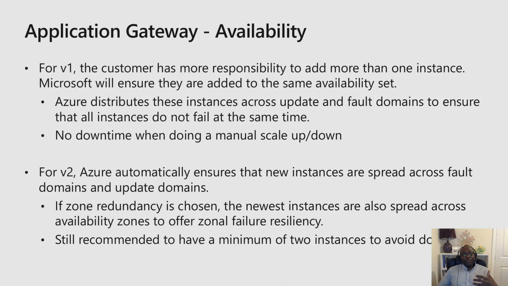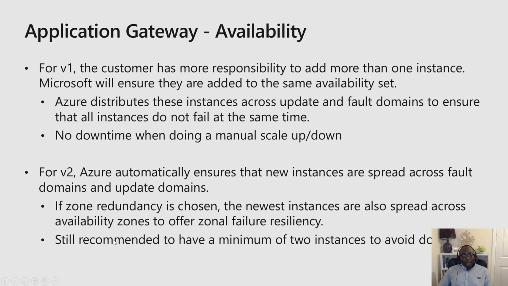And if I have zone redundancy configured also, which is available if I select a region that supports availability zones, Azure will ensure that they are spread across availability zones to offer zonal failure resiliency.